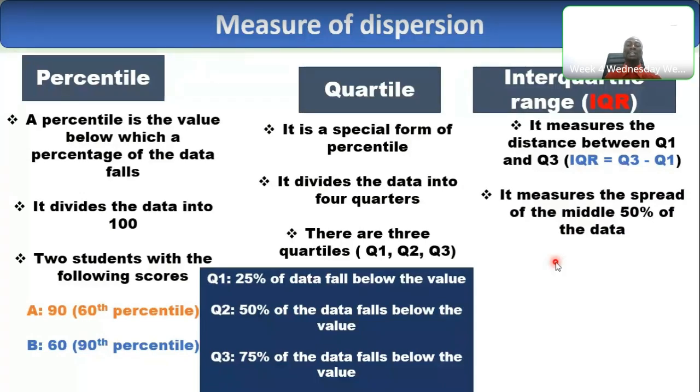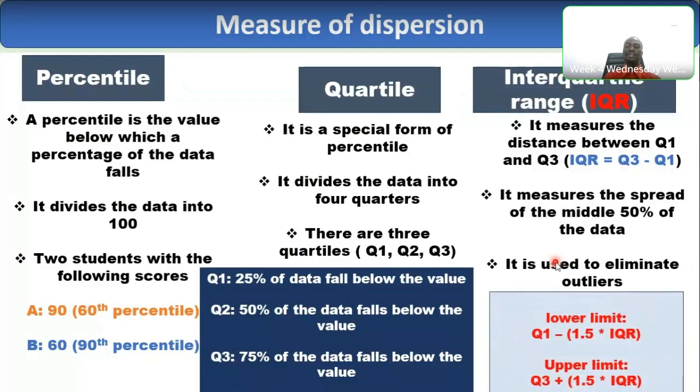I won't talk so much about this. The interquartile range is so important because it allows us to eliminate outliers. And this may look confusing, but we are going to be applying this particular formula in the future. So assuming you have a data set, and that data set has outliers, and we are looking at how I can deal with these outliers, you can use this formula.